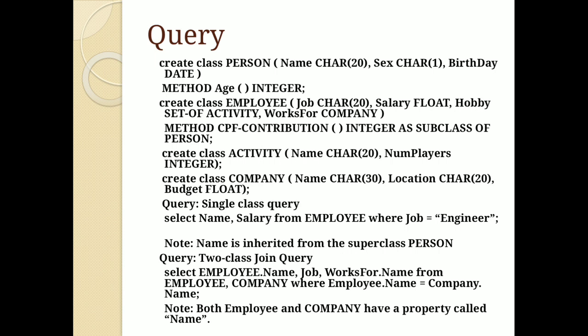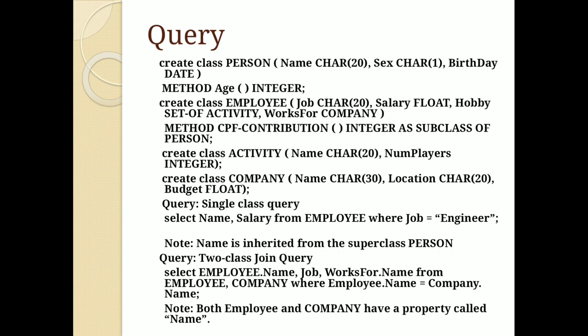For the given example, we create different tables: persons, company, activity, employee, and a single class query is select name, salary from employee where job is engineer. Here, name is inherited from the superclass person.